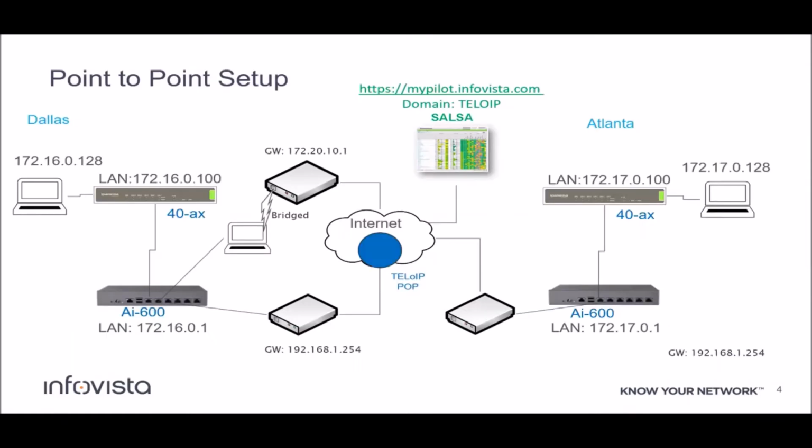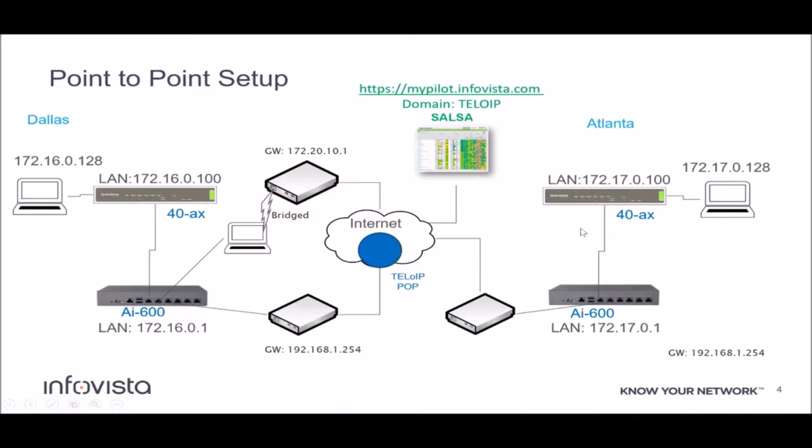Let us start with the setup on the testbed. So we have essentially two sites, Atlanta and Dallas. In Atlanta, we have a PC connected via a 4AX Infovista box that is going to give the layer 7 capabilities, and a TELOIP box, which is going to give the layer 3 capabilities.